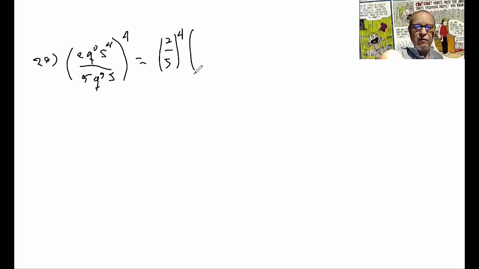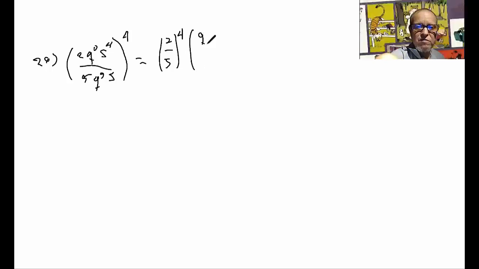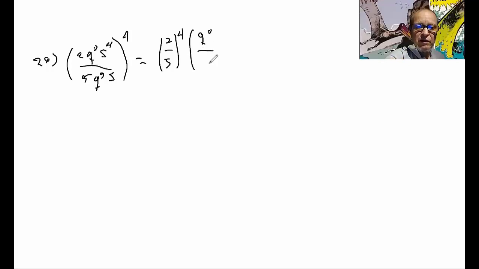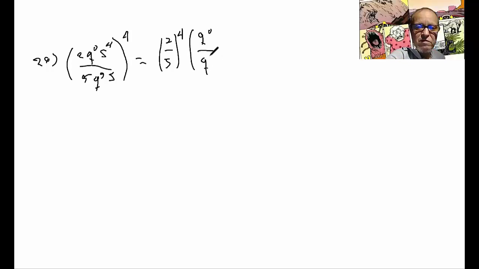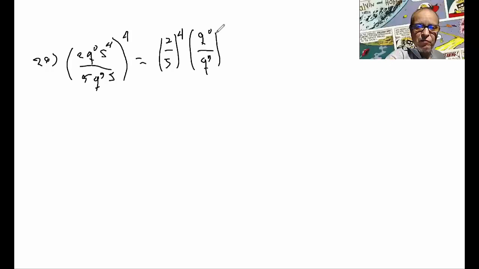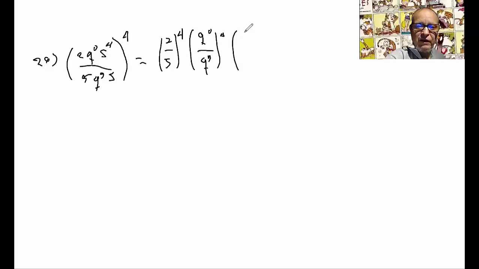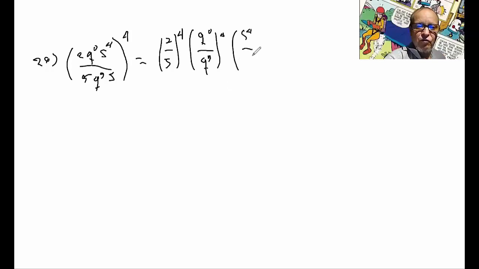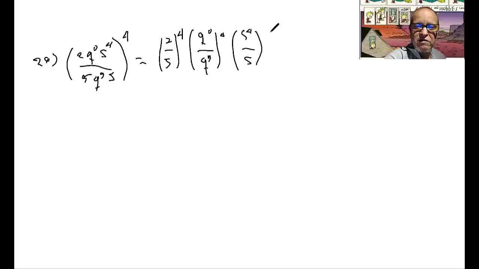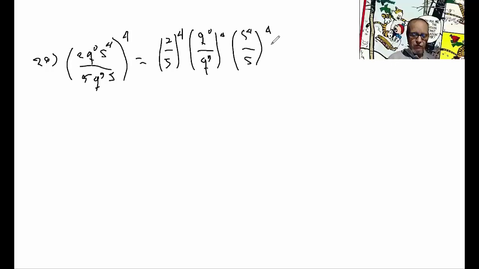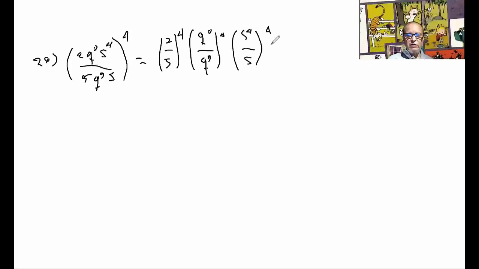And then I have my q to the 0 and my q to the 9th, and I'll put that to the 4th power. And then I'll put my s to the 4th and s, and I'll put that to the 4th power. So I'll work out each one separately.